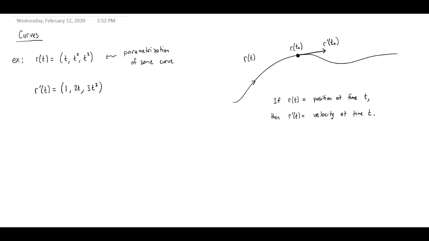So that's another way of thinking about or trying to visualize what the derivative represents. Okay. The second derivative would then represent, say, acceleration, if you guys remember, right? Okay. All right.